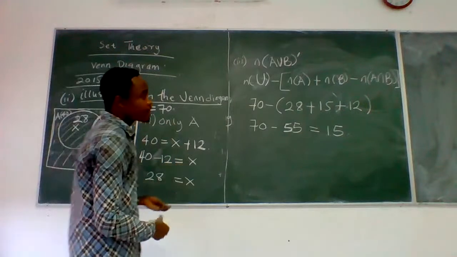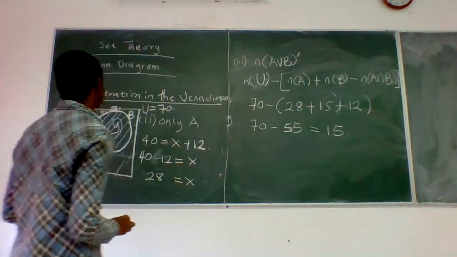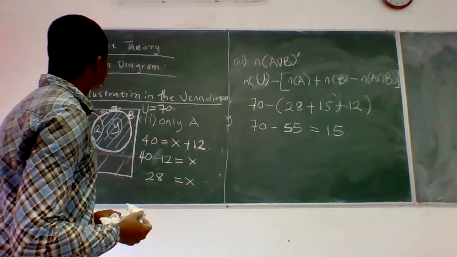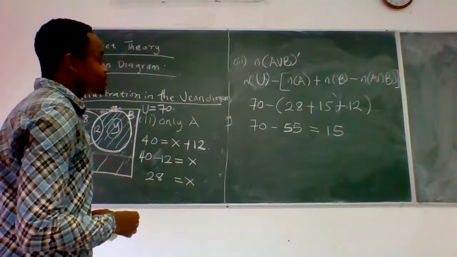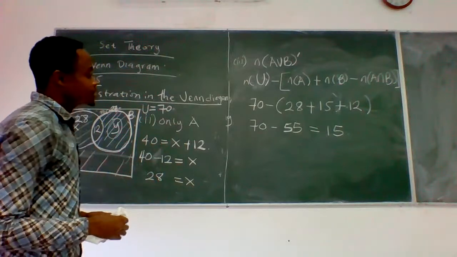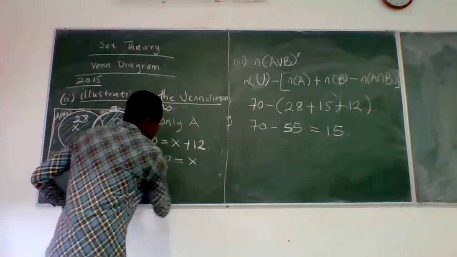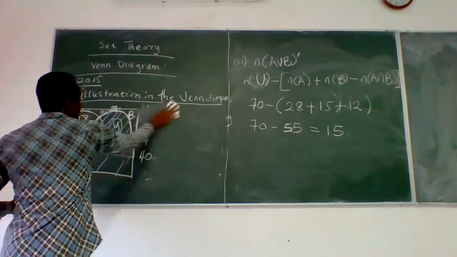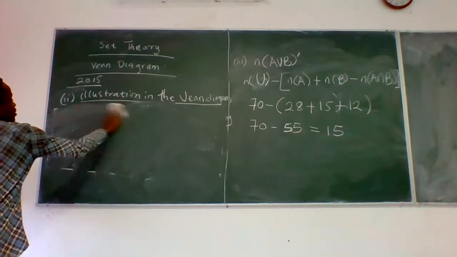This is basically how it will be if there is any question on Venn diagrams. This is very important. You can get some questions in both objective and in section A. So you have to understand what a union is, what an intersection is, what a complement is, and then apply the difference.